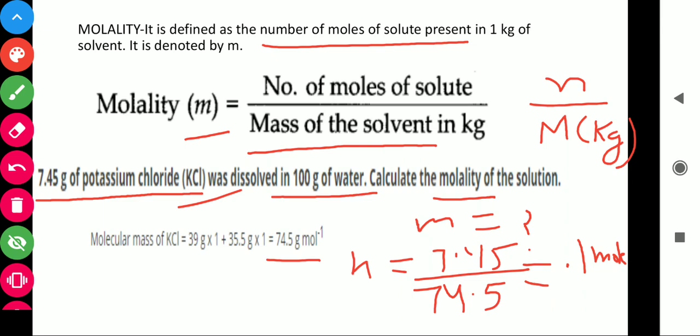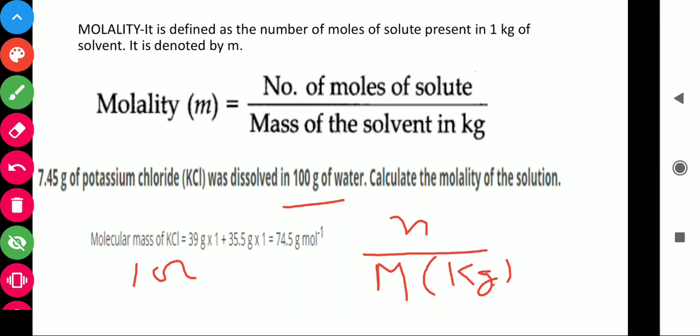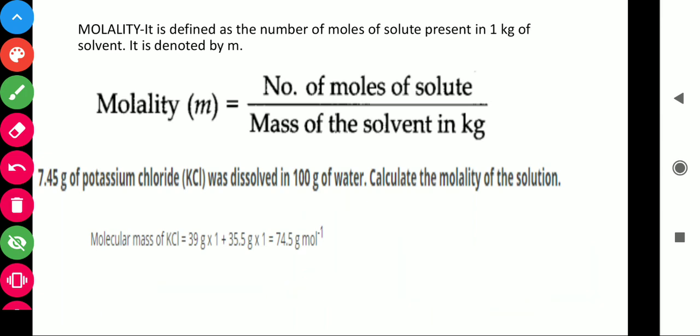And what is the molality? Molality is number of moles divided by mass of solvent in kg. Here the mass is 100 gram, and if we divide by 1000 to convert it into kg, it will be 0.1 kg. 0.1 mole upon 0.1 kg becomes 1 m. Okay students, in this way we calculate the molality of solution.